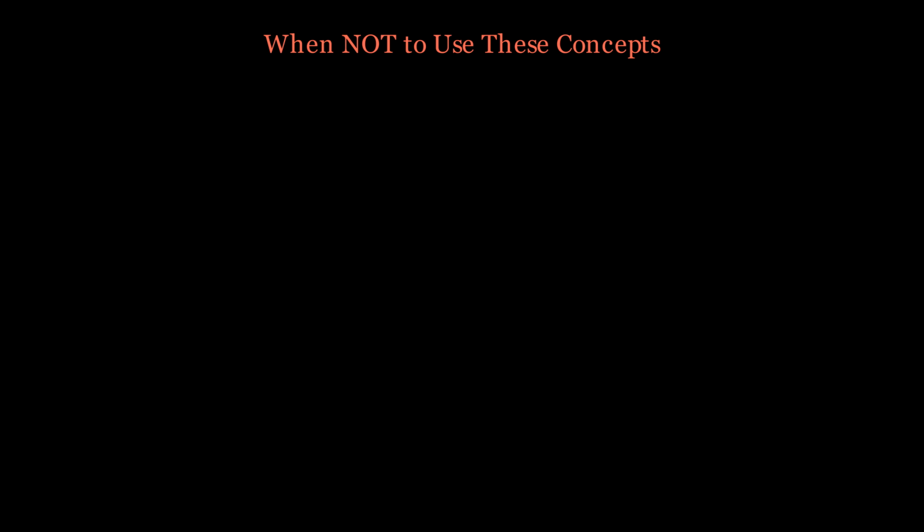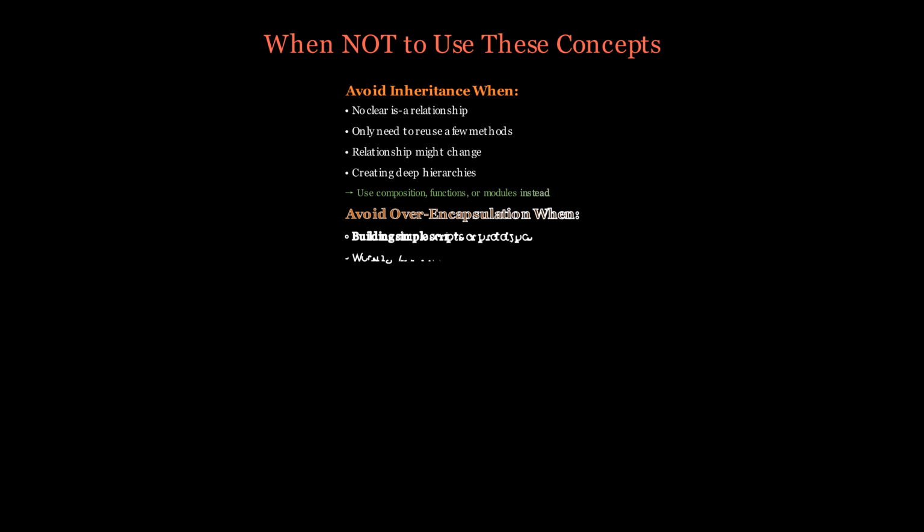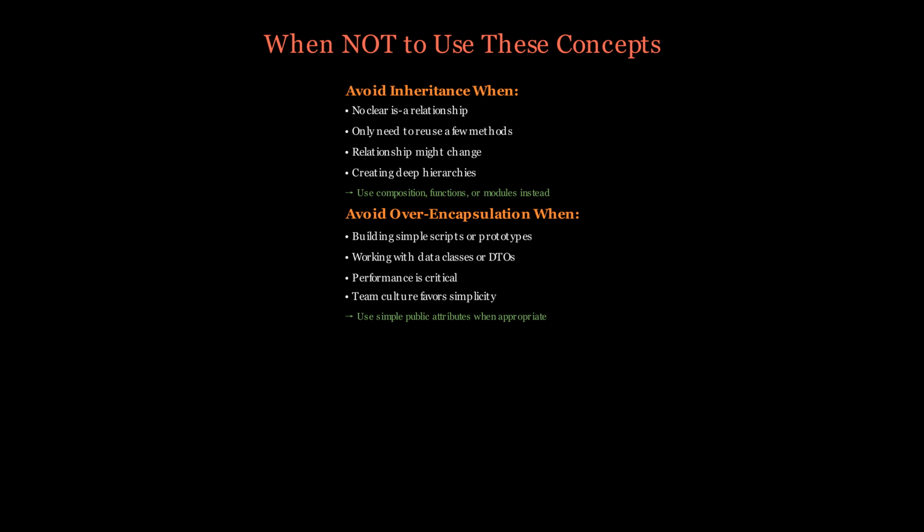It's equally important to know when not to use inheritance and encapsulation. Over-engineering can make simple problems unnecessarily complex. Avoid inheritance when there's no clear relationship. If you only need a few methods, use composition or simple functions instead. Avoid inheritance if the relationship might change. It's hard to refactor. Don't create deep hierarchies.